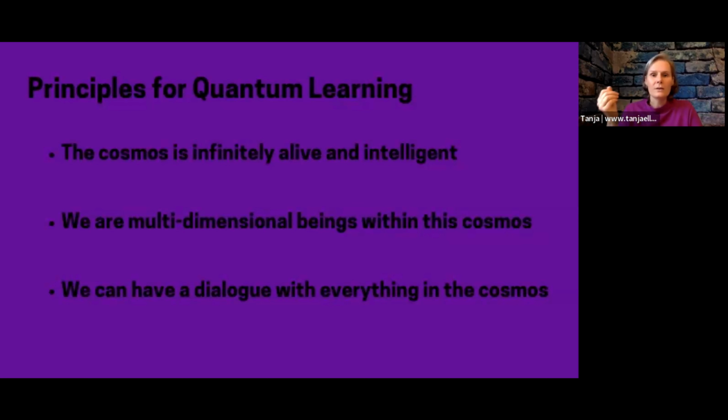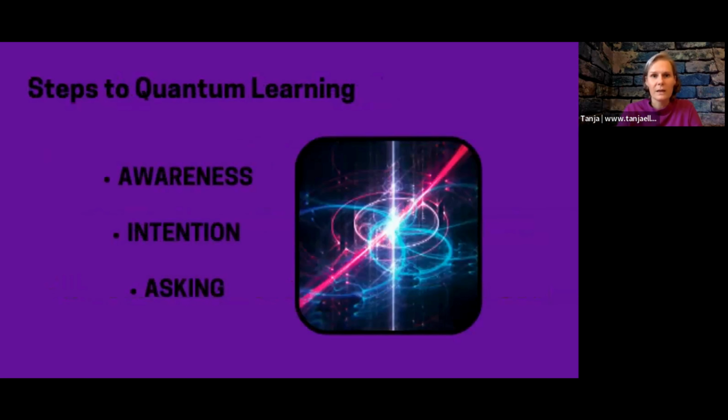And we also understood, and that is the very bottom line of all that we are building on today, that at the quantum level of existence, everything is one intelligent vibrational field of information. And we as human beings are an inherent part of that field. So that is where we are starting our exploration from today. And we will take 3 more steps into quantum learning with the cosmos today.